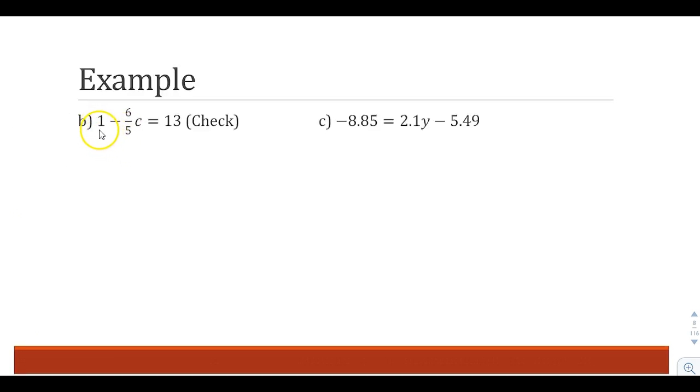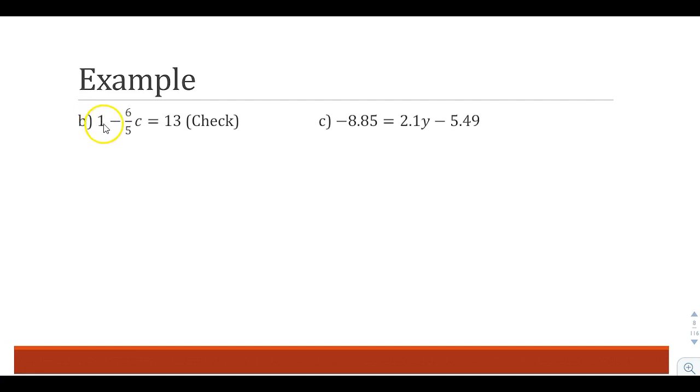In this example, I have 1 minus 6 over 5c is equal to 13. And we're asked to check our answer. So here we do have a linear equation because I have a variable to the first power. So I want to isolate the term with the variable. So I'm going to need to get rid of this 1.